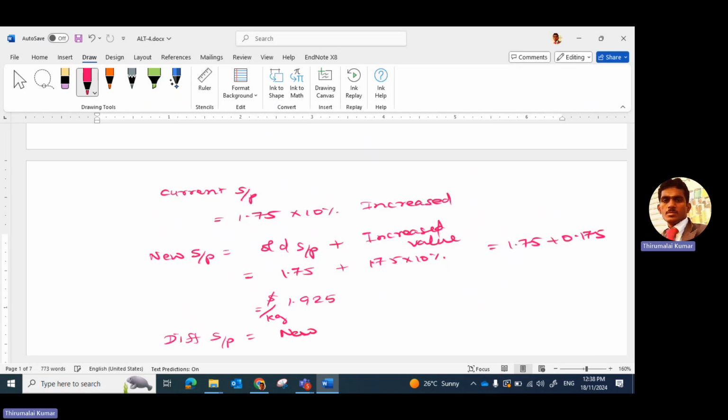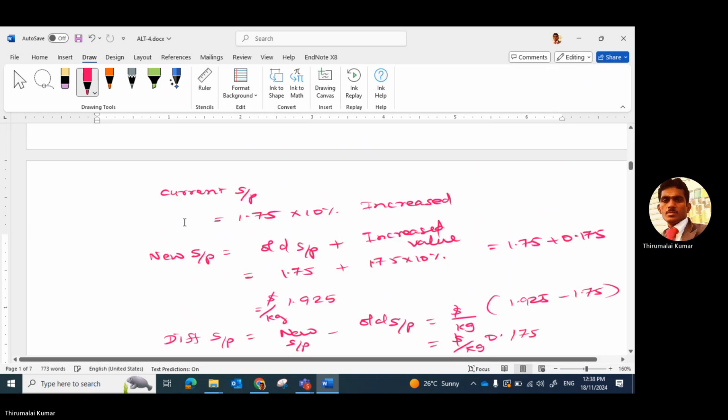New selling price minus old selling price, that means the current selling price. So dollar over 1 kilo, 1.925 minus 1.75. So the difference value for 1 kilogram is 0.175.